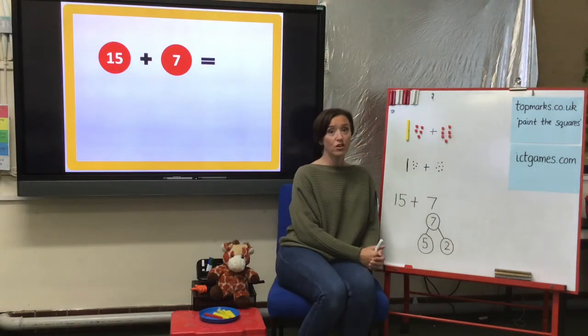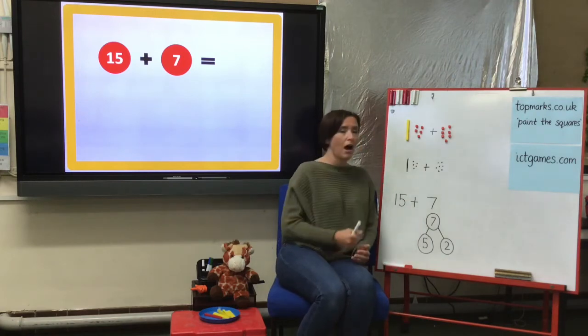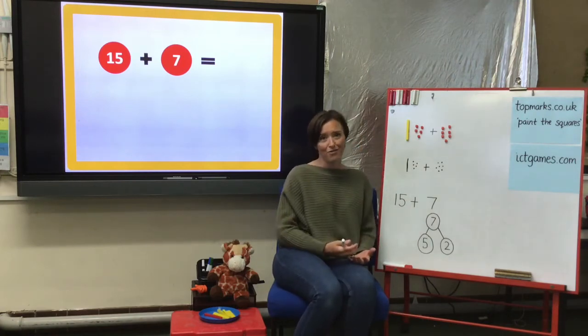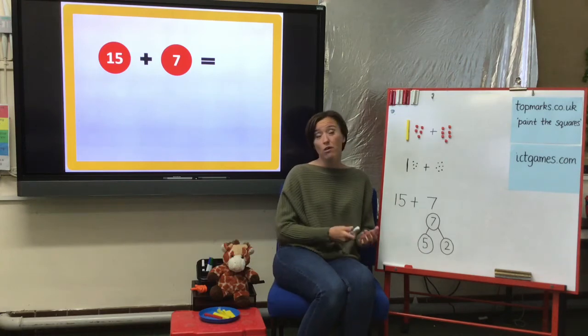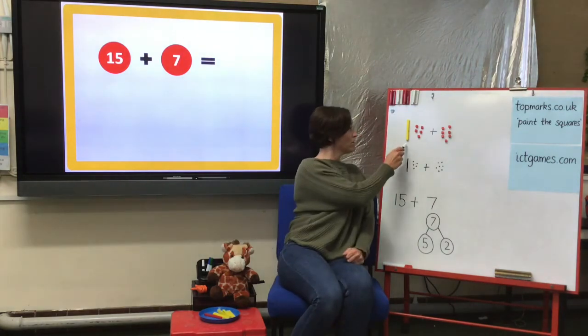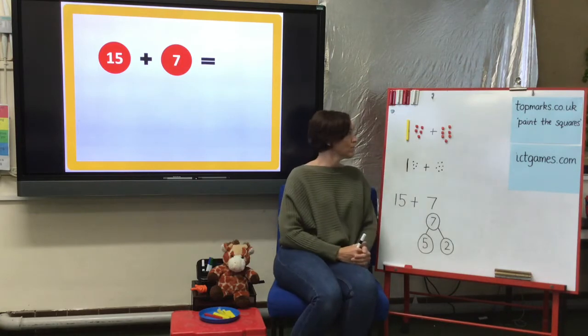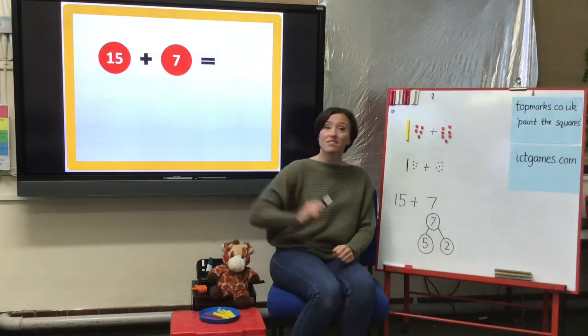Okay, so first of all, if we wanted to use some practical equipment, we would use something like our base 10. Now, you might not have this at home, but you could use Lego bricks or blocks or something very similar to that. Okay, so we know that in 15 we have 1 ten and 5 ones. So we would put those out. Then we're adding on 7 ones.